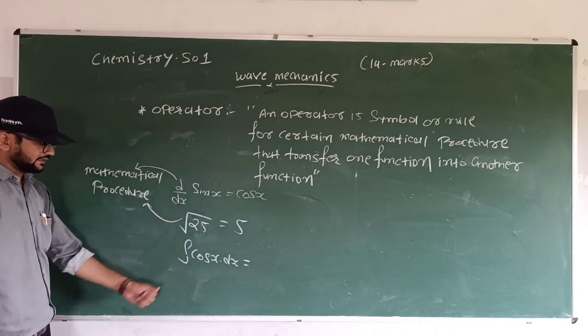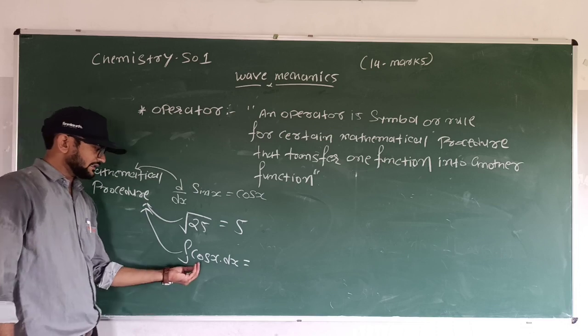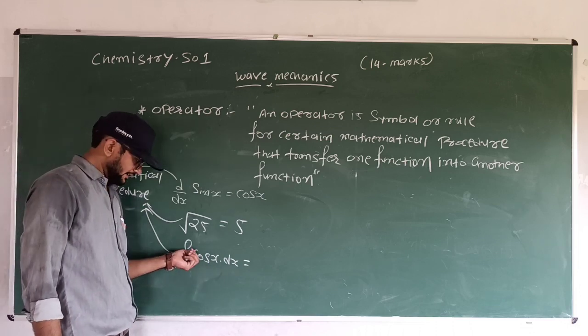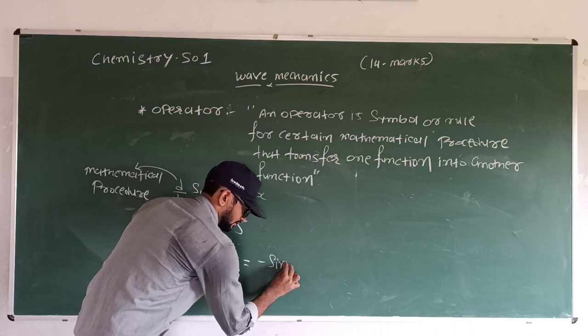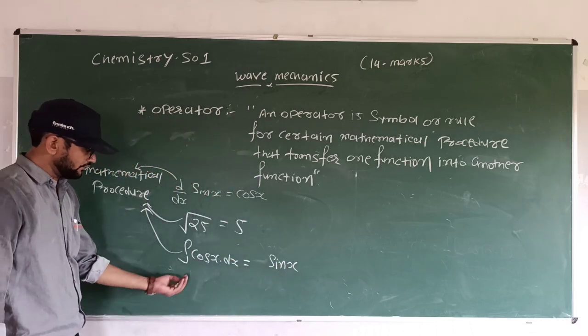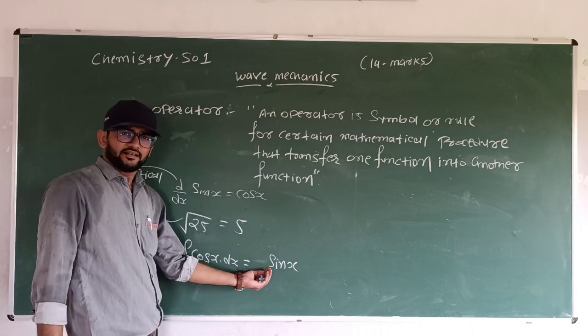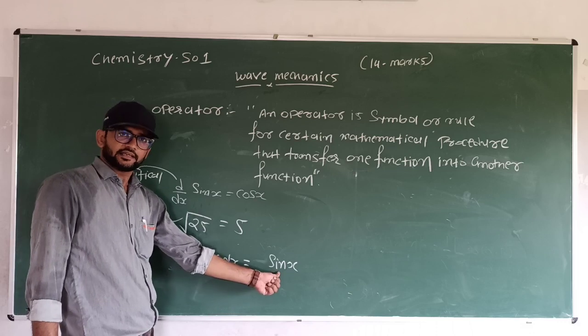So here integration is a mathematical procedure. Cos x is function. Integration of cos x is equal to, sorry, only sin x. So here cos function is converted into sin.